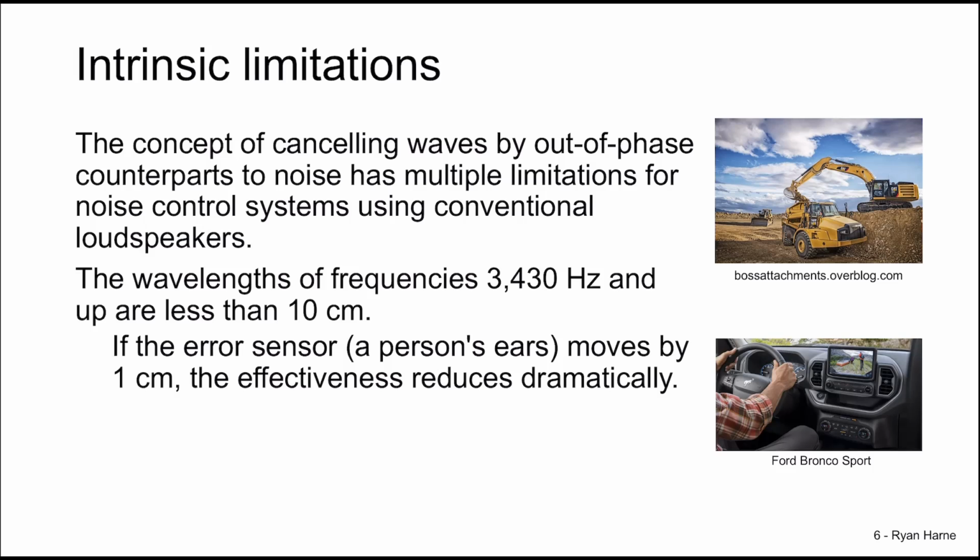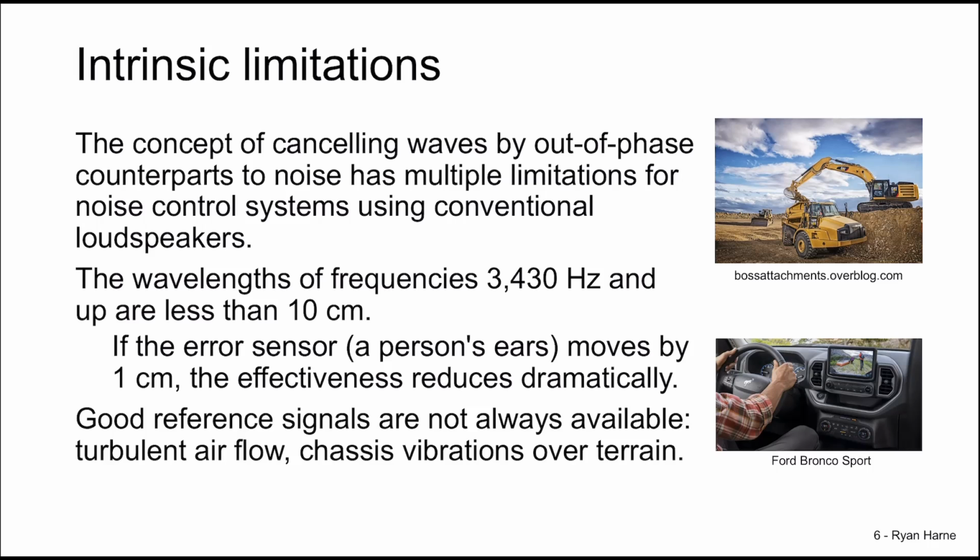And that's the measurement from the eardrum on the left ear to the eardrum in the right ear. So if a person moves their head by 1 centimeter, the effectiveness of that noise control approach would be reduced dramatically for these mid to high frequencies. Very often, as a result, best noise control is achieved for frequencies of about 500 Hz and less.